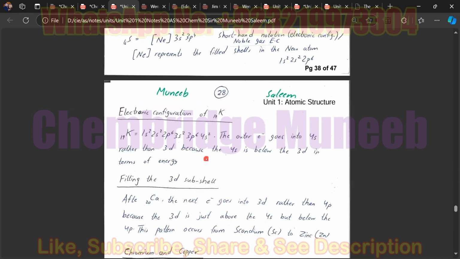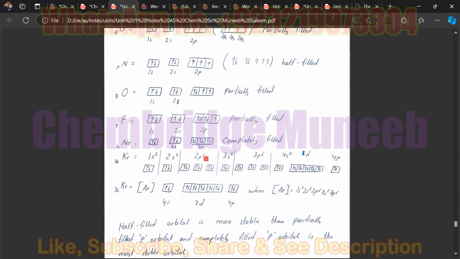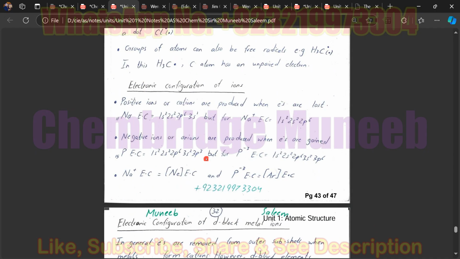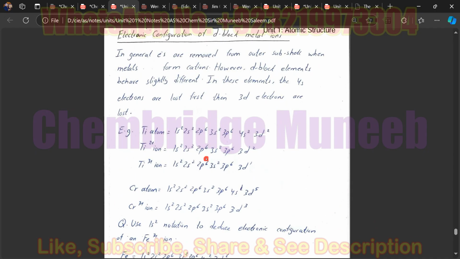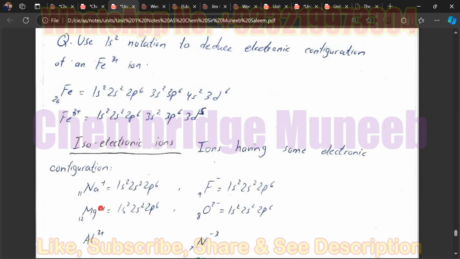It loses electrons. Exactly, it has lost electrons, but we should know how many electrons are lost. So for that purpose, you will look at the charge present on that atom.